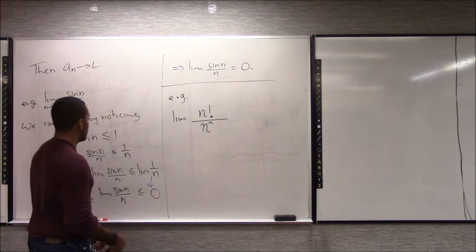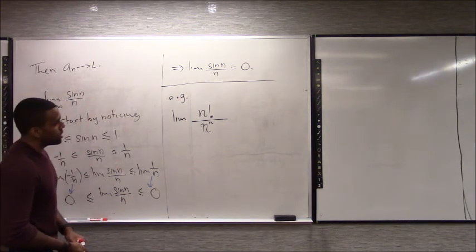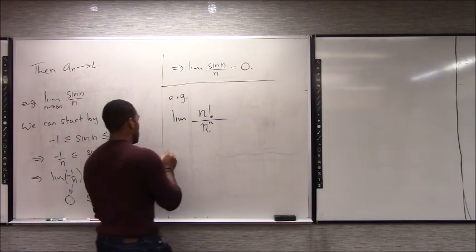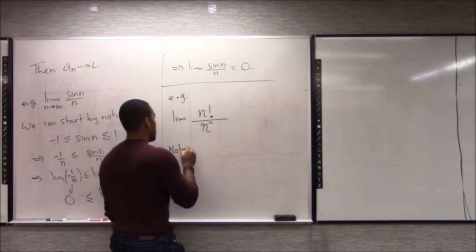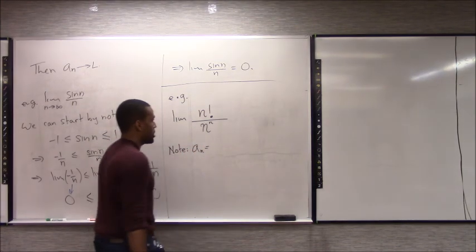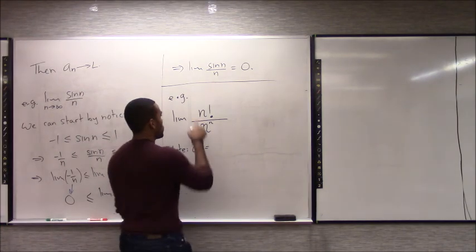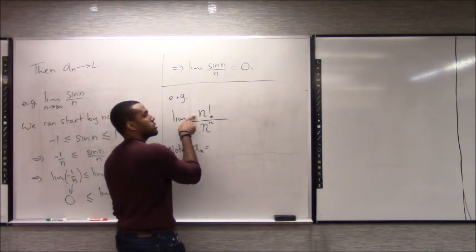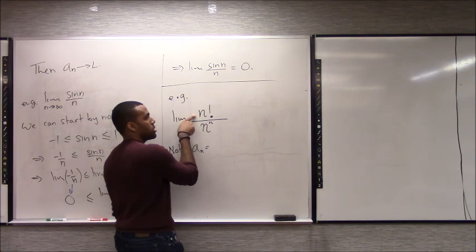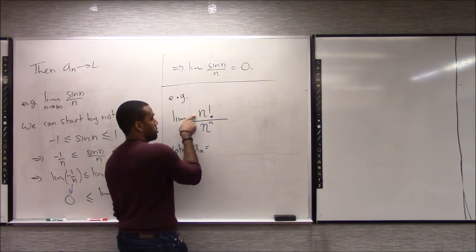In sequences though, it's actually easier to prove. Basically, we can just note an would kind of behave this way. And factorial just means what? Do you know what this means? Multiplying by every number below n as well.